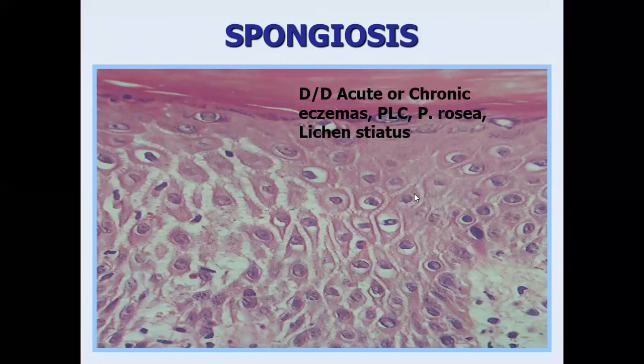Spongiosis. Spongiosis is a prototype histological appearance seen in eczemas. Spongiosis is intercellular edema, that is, the water is seen in between the keratinocytes, and because of the presence of edema between the cells, the desmosomal junctions become more obvious in spongiosis.